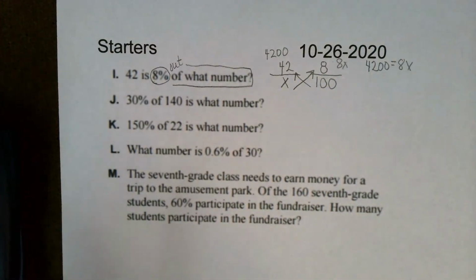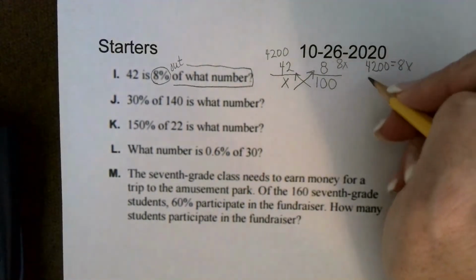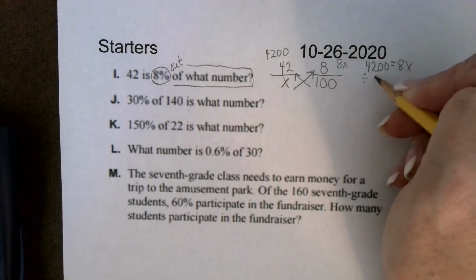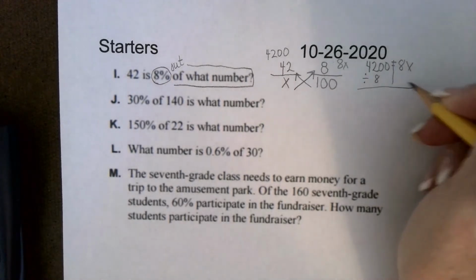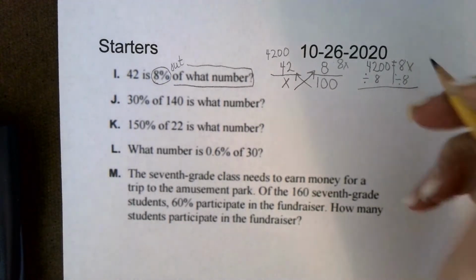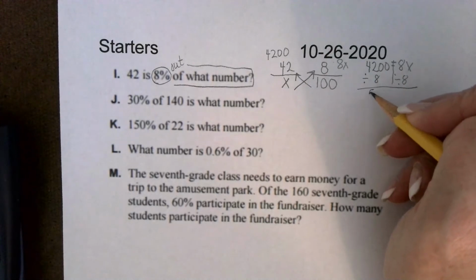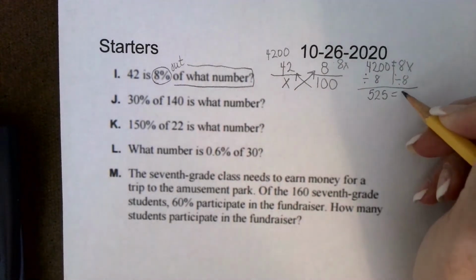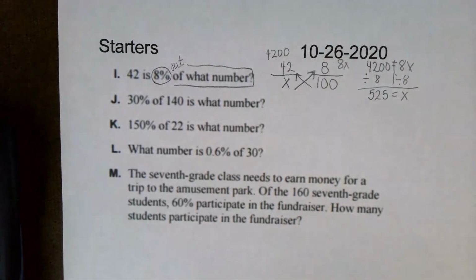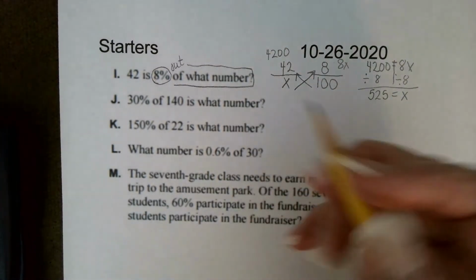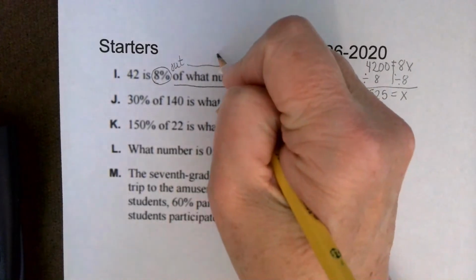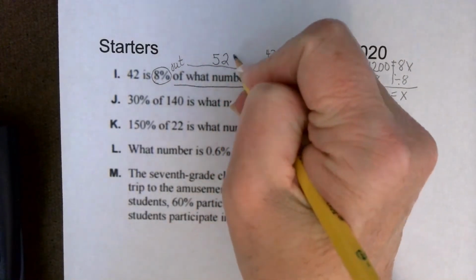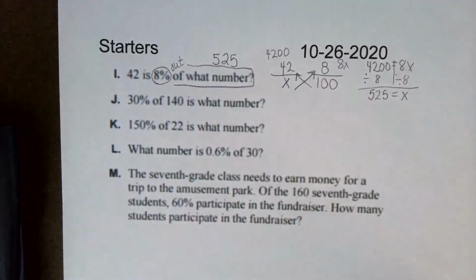So to figure out what number times 8 is equal to 4200, we divide by 8 on both sides of the equation. 4200 divided by 8 is 525, and 8 divided by 8 is 1x. So 42 is 8% of 525.